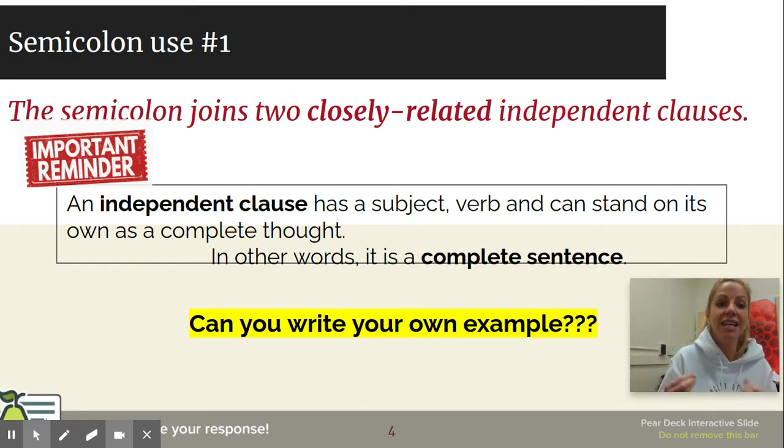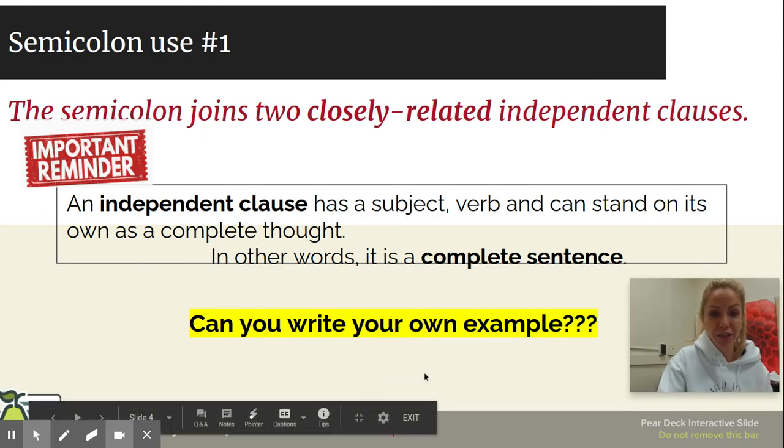So if a sentence is independent, it can stand on its own as a complete thought. So in other words, an independent clause is a complete sentence. It has a subject, a predicate, and can stand on its own. Doesn't need anything else, right? If you feel like you're up for the challenge, go ahead and write your own example of an independent clause in your notes as well.